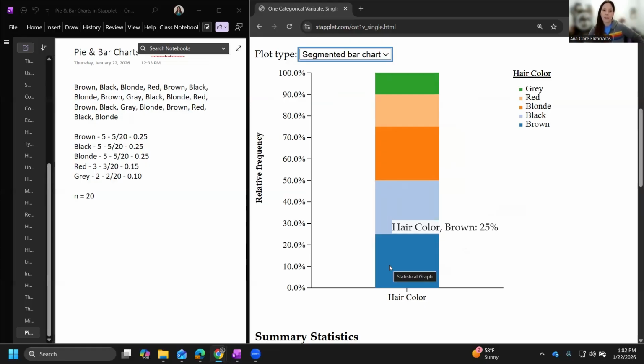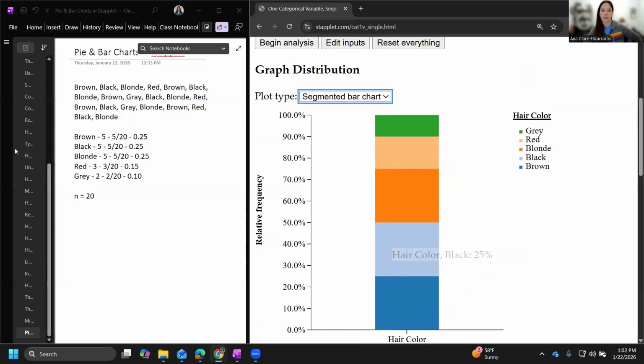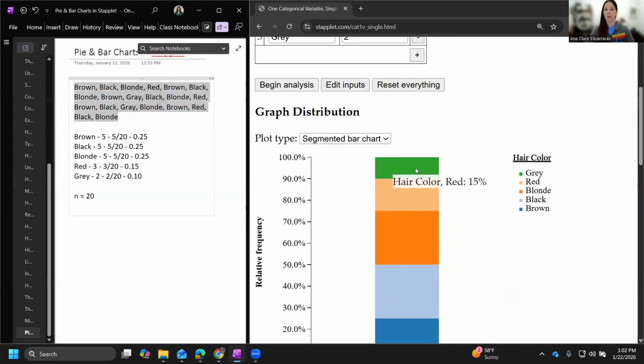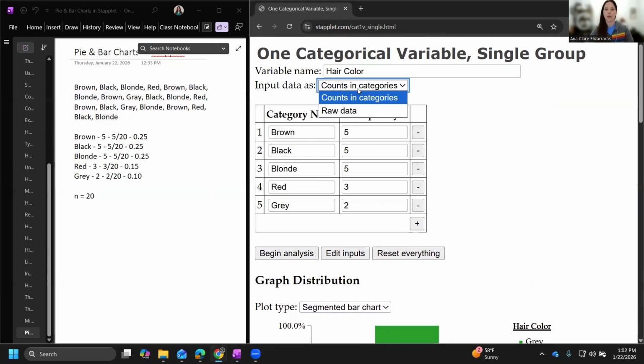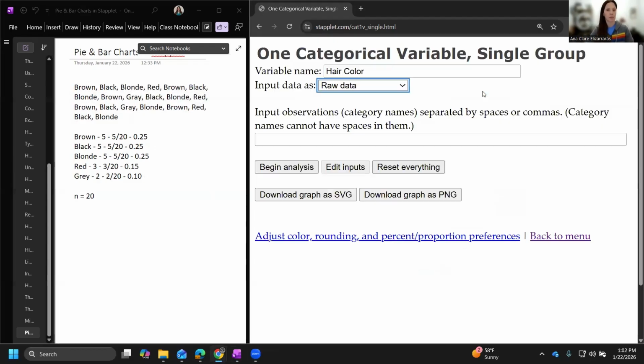If I wanted to enter raw data, like if I wanted to copy and paste this information, or if I wanted to type it, I want to show y'all something. I'm going to go here and I'm going to say raw data. Yes, I'm sure.